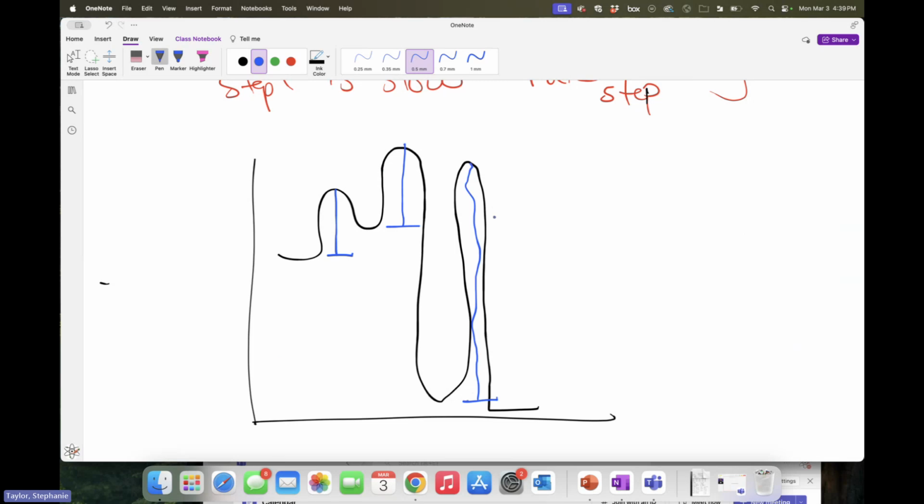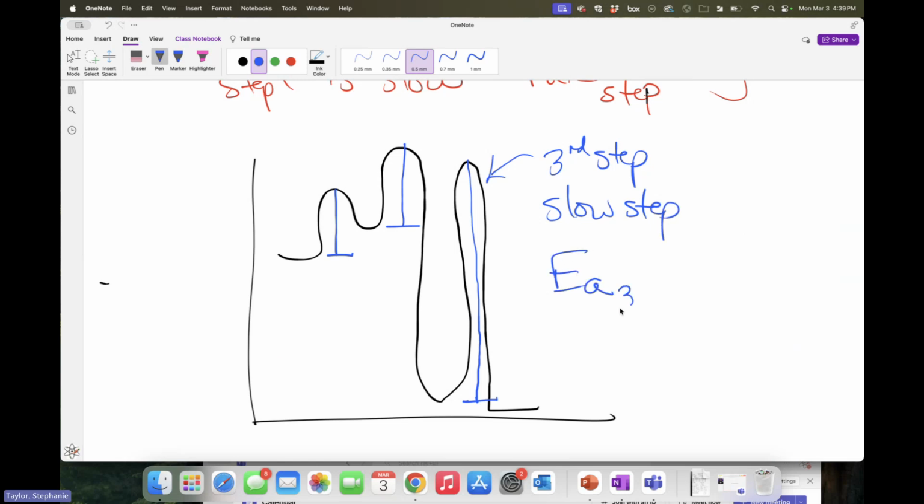I can't even draw that straight line. I'm sorry. There should be a straight line in there. Let me try that one more time. If I draw it from top to bottom, it'll go better. There we go. So realize here that this is the third step and this is the slow step because my activation energy 3 is the greatest.